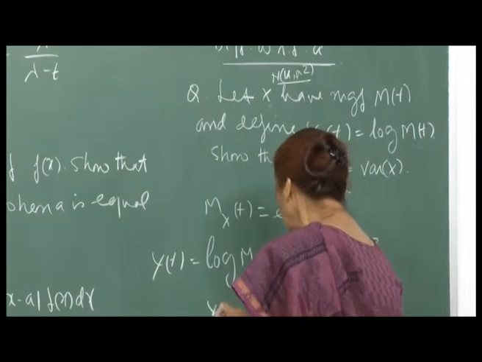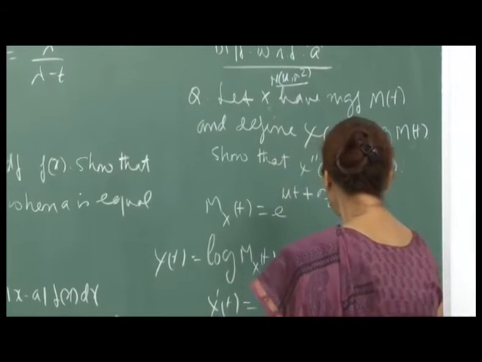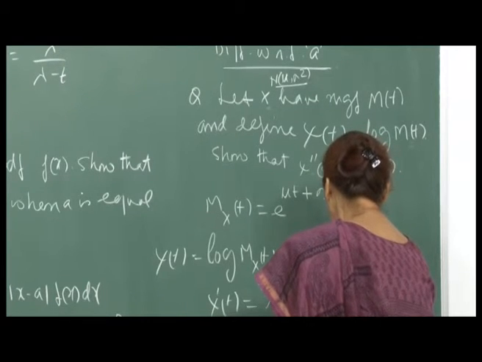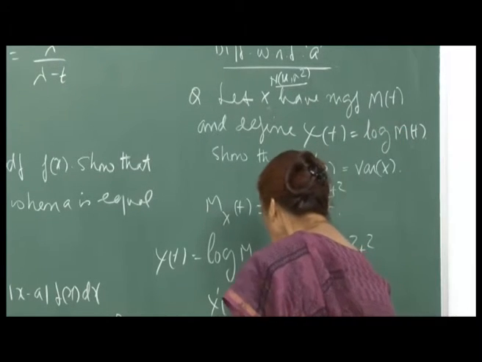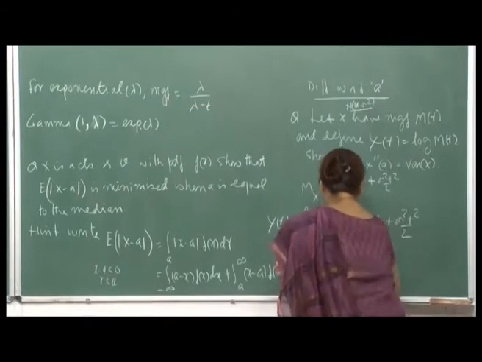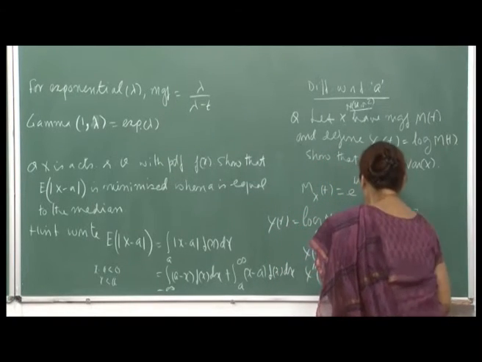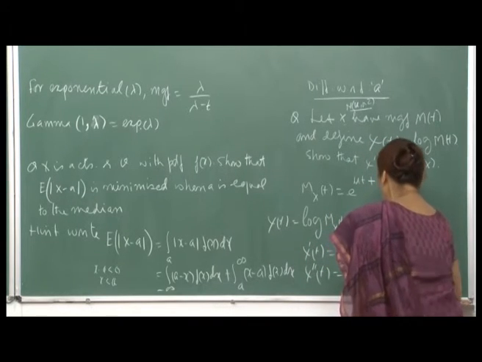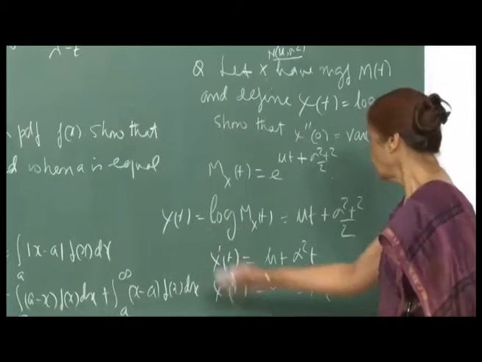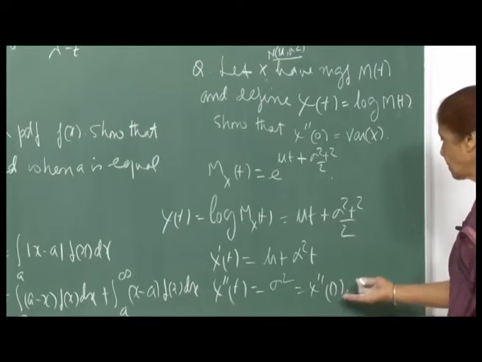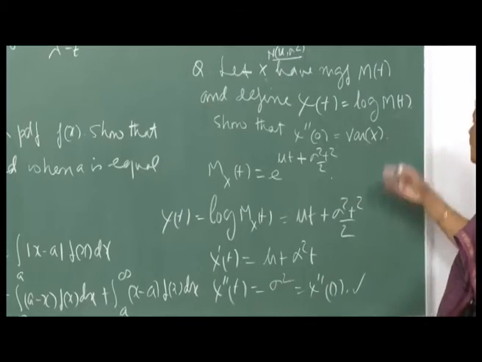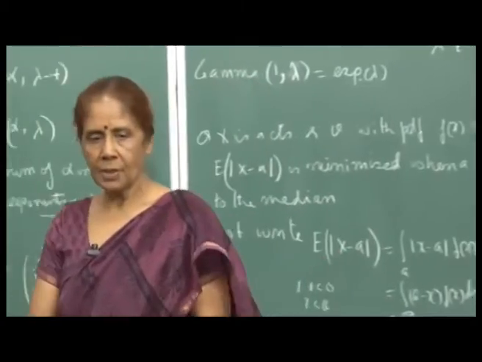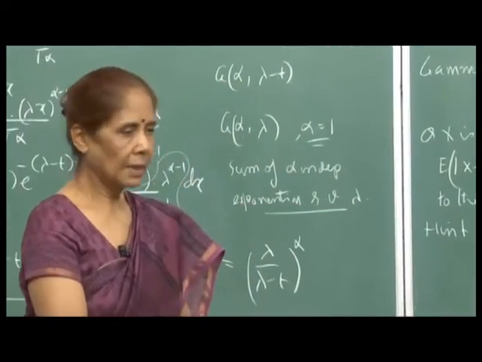If you take psi prime of t, this is mu plus sigma square t, and then psi double prime of t will simply be sigma square, which is a constant. So the second order derivative of psi is a constant, and psi double prime at 0 is also sigma square. So this is the answer. One can go on doing a lot of interesting things with this, and I will be developing some more results here in the next lecture.